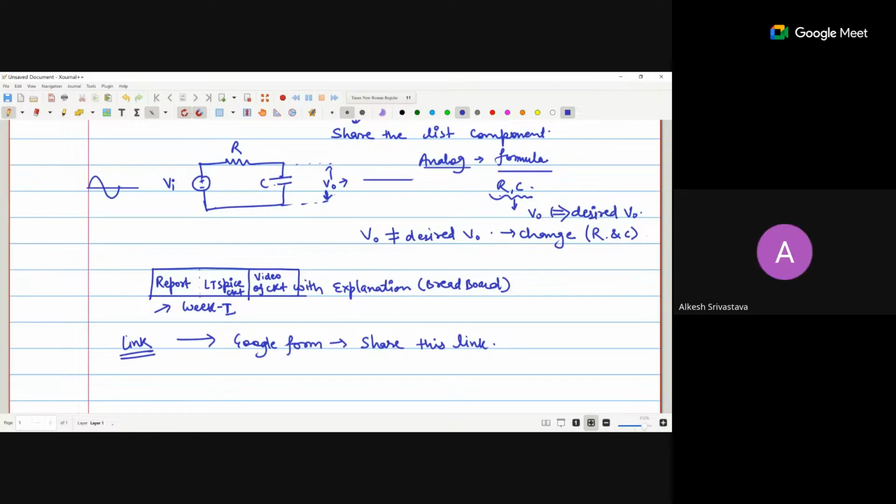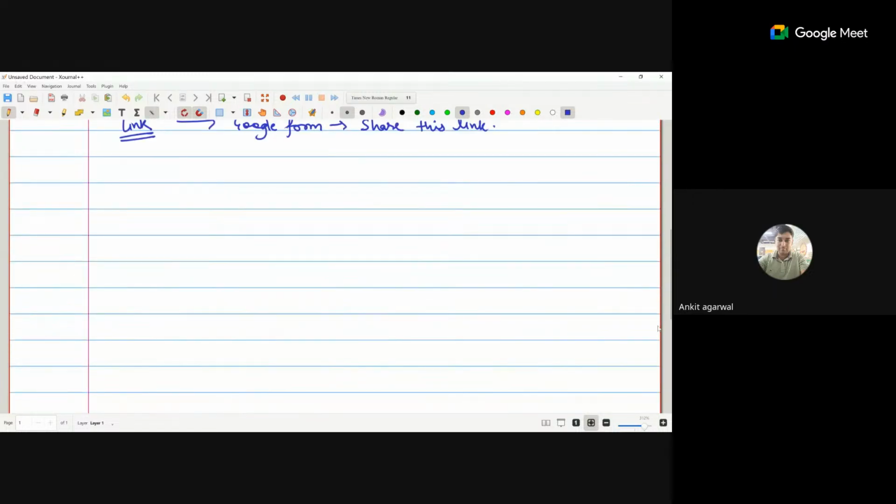Sir, how will we calculate R and C? For example, we have a Vi, we have a V naught. Similarly, I'll take one example. This is my circuit, with positive feedback, positive Vi.